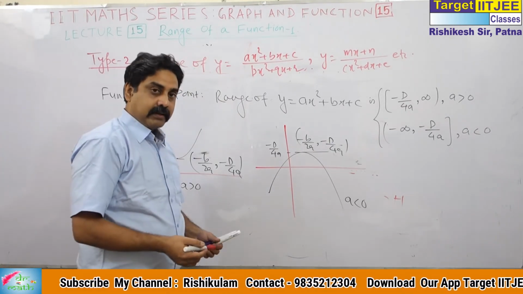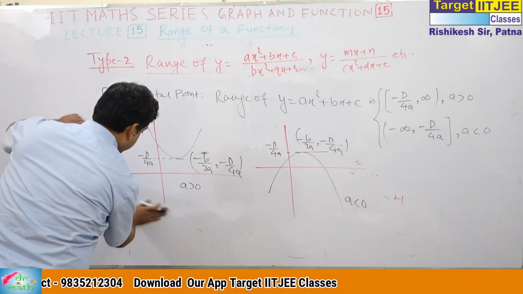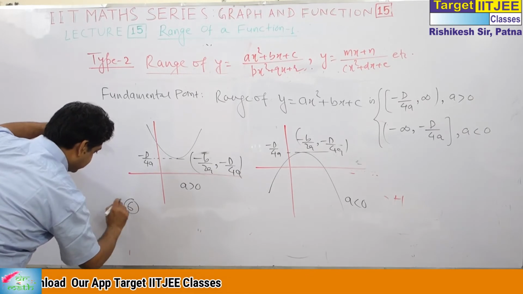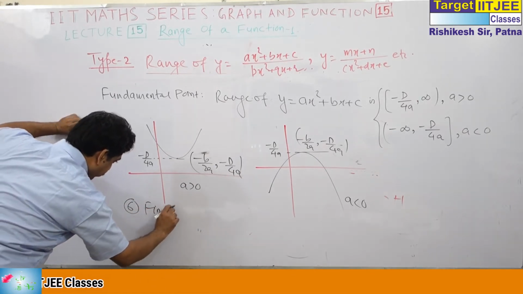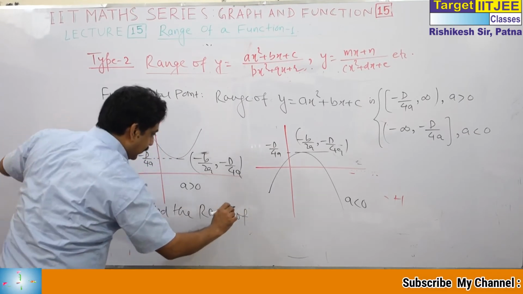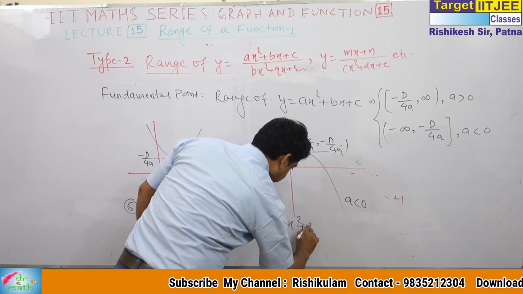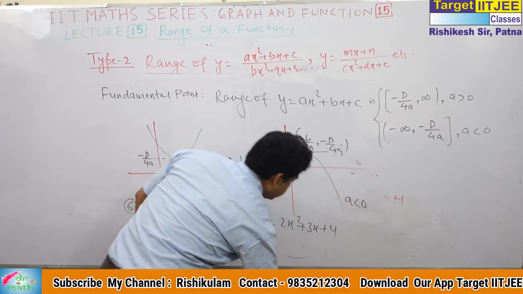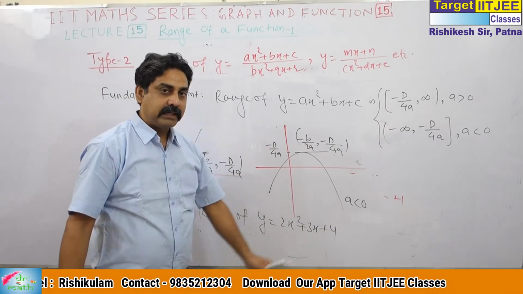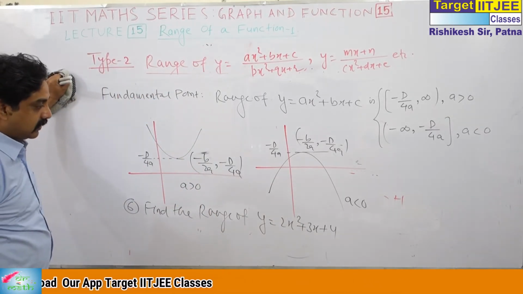But if not, what do you do? You can also do it like this. Find the range of y is equal to 2x square plus 3x plus 4. You can go through this, or if not, you can go through this.